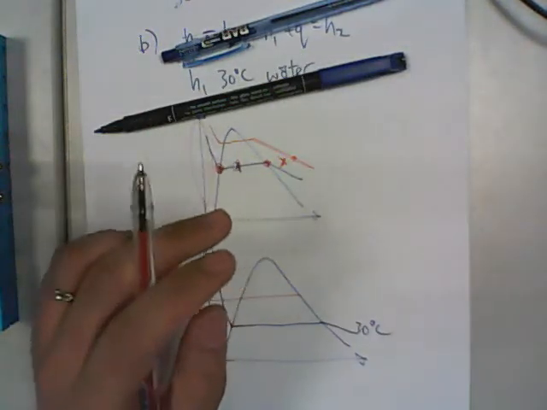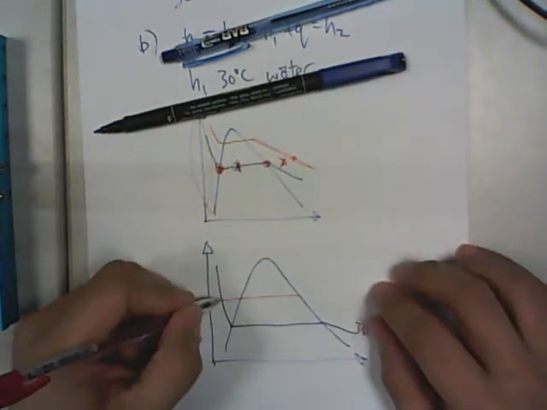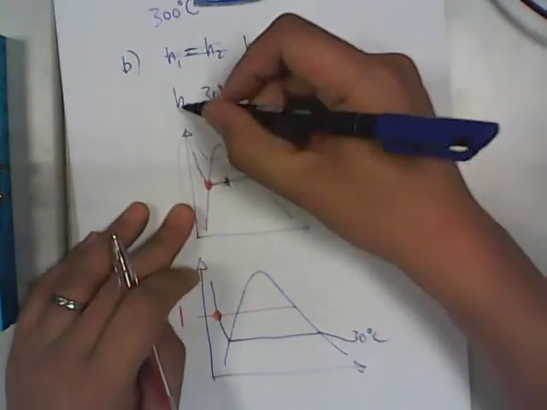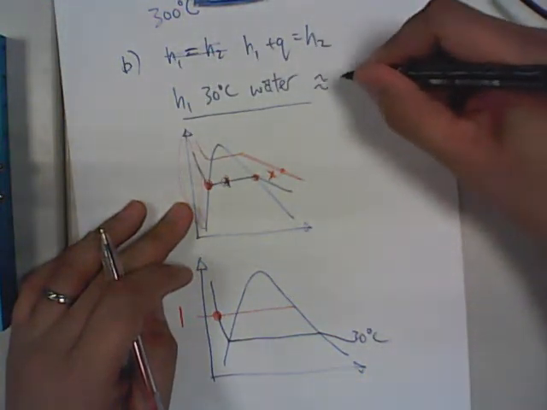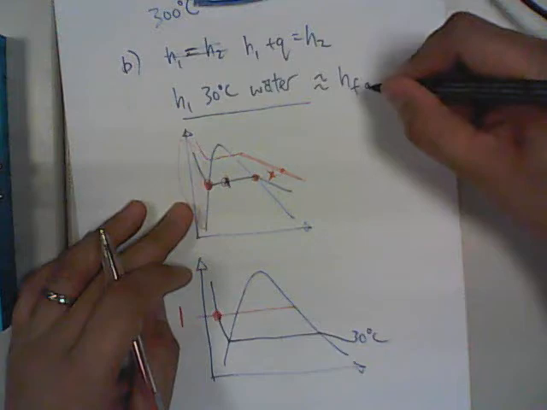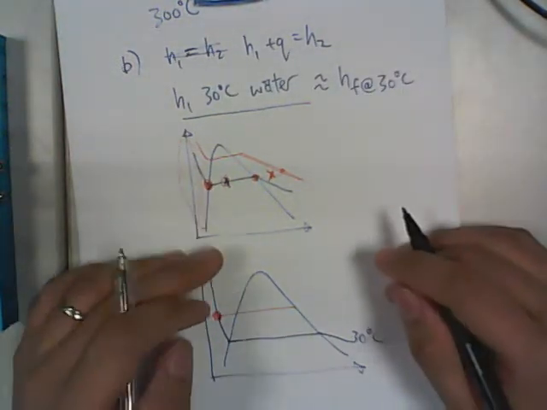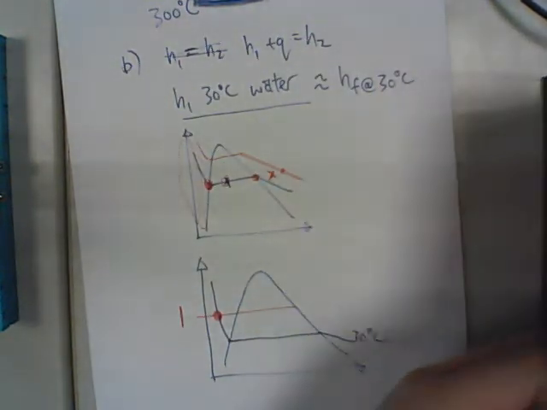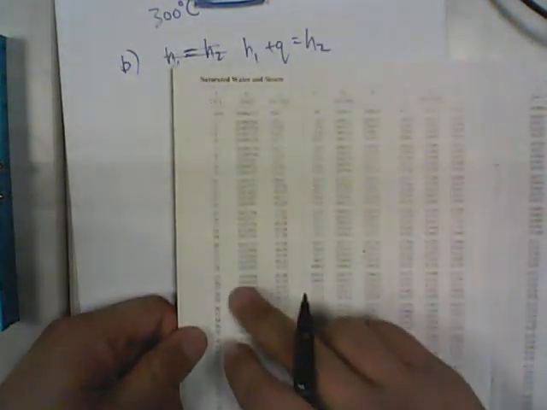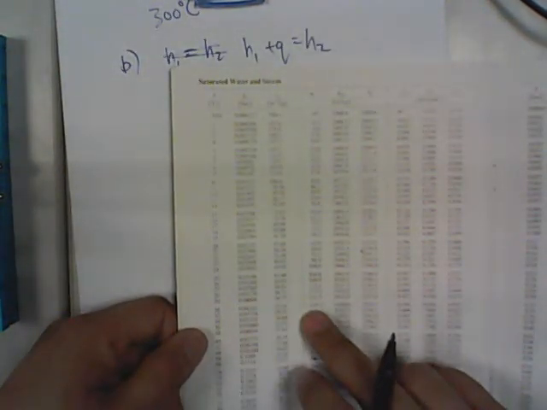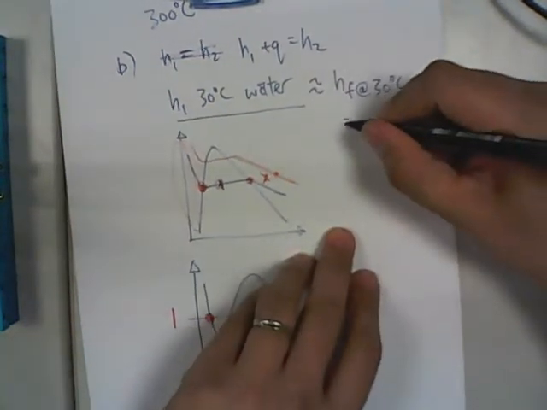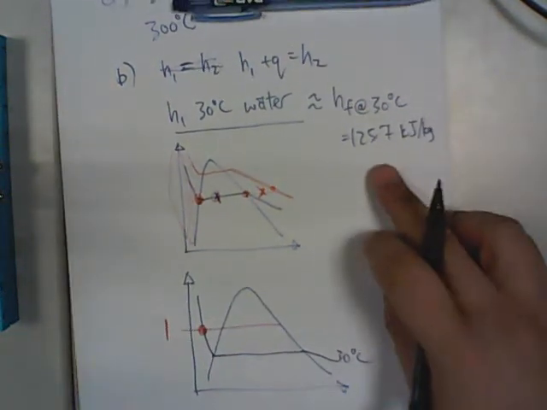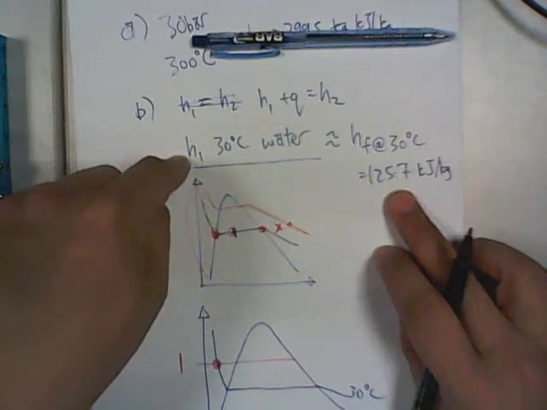It does not really matter what pressure this point is at, because what you are trying to approximate, H1 at 30 degrees, is approximately the HF at 30 degrees Celsius. Which means for this case, you can go to page 2, 30 degrees Celsius, HF will be 125.7 kilojoule per kilogram. So this is the approximation to state 1.